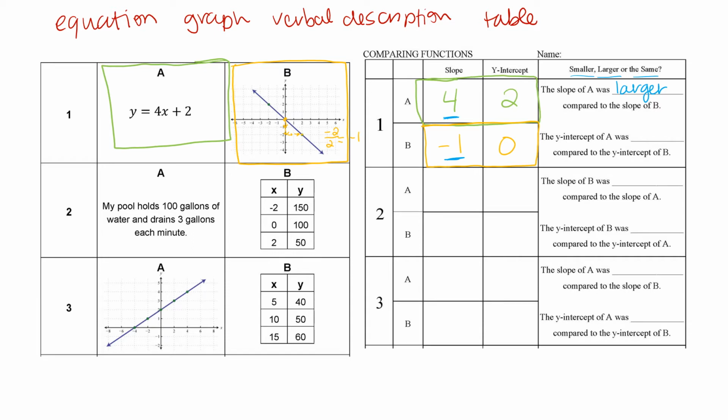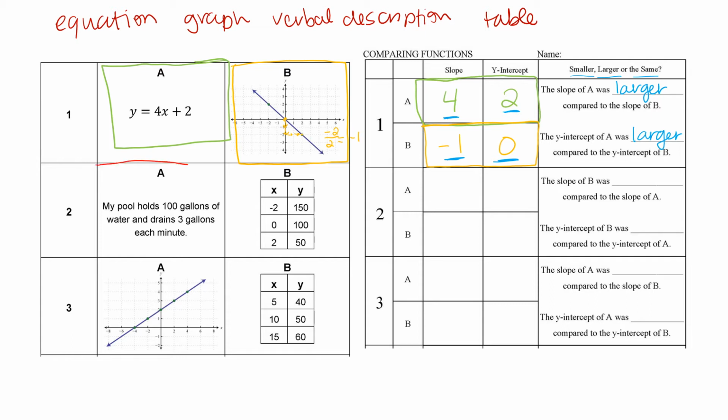The second question has you compare the y-intercept, so it says the y-intercept of A was, again, larger than the y-intercept of B, because 2 is greater than 0. So that's what we're going to do here.